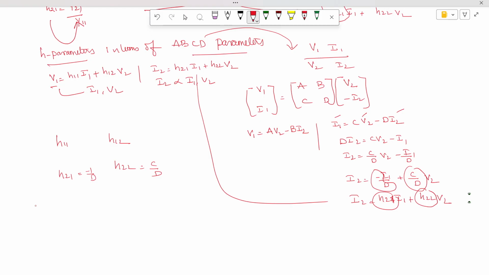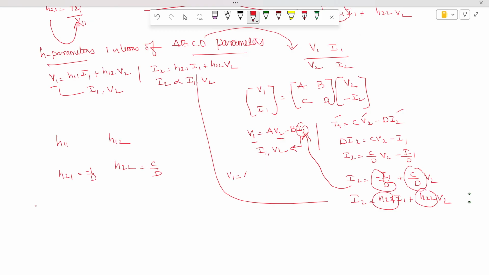So now the problem is V1 should be there, I1 should be there, and V2 is there, but I2 is creating the problem. It should be expressed in terms of I1 and V2. So from here just use this I2 in this expression. It's already in I1 and V2.